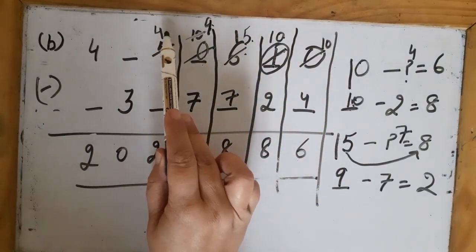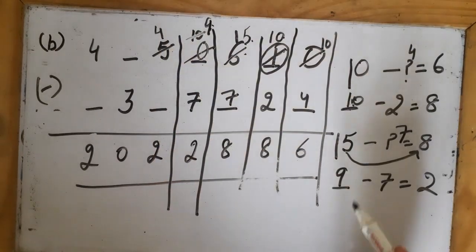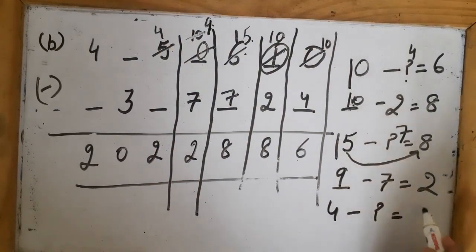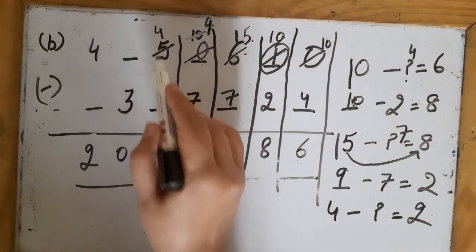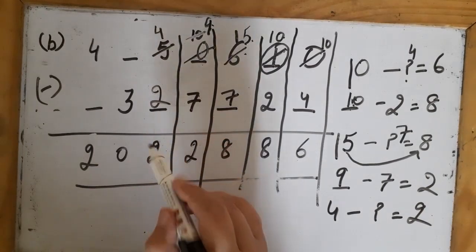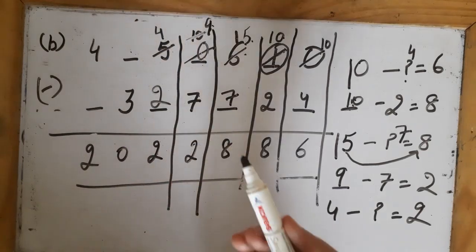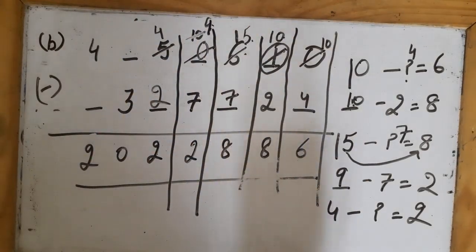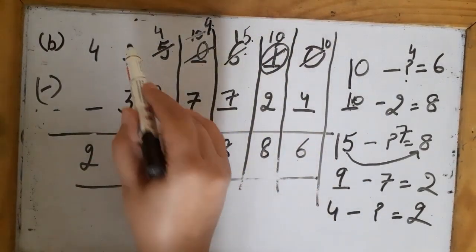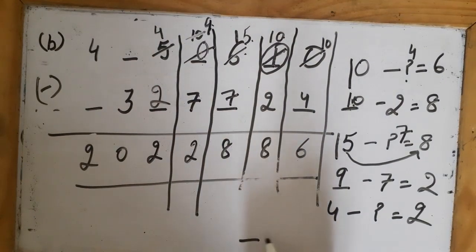Now here I am left with 4. From 4, what should I take away to make 2? From 4, if I subtract 2, I will get 2. Now I have not borrowed anything from this number. So from this number, if I subtract 3, I should get 0.